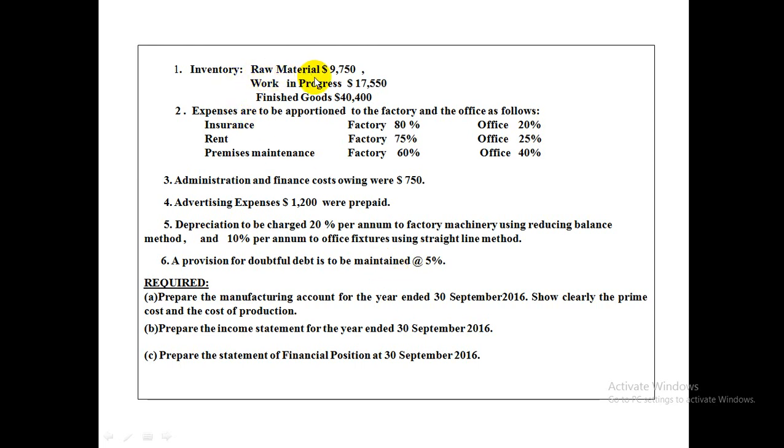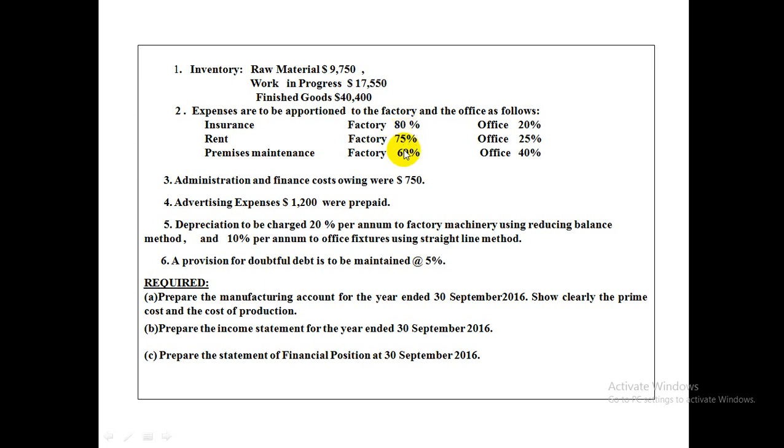Inventory on the last day of the year is: raw material ending 9750, work in progress 17550, and finished goods ending inventories 4400. Expenses are to be appropriated to the factory and office as follows. Insurance 80% should be taken to the factory overhead portion of manufacturing account, and remaining 20% to be taken to the office expenses in income statement.